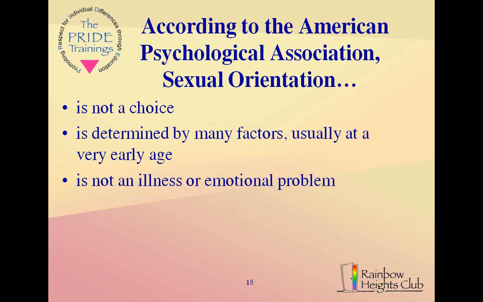And same-sex sexual orientation is not considered to be an illness or an emotional problem in itself anymore, although you might know that up until 1973 it was listed in the DSM as a mental illness. And some really interesting things were done to people to try to cure this so-called mental illness, including painful electric shock, and sometimes even castration and lobotomy.